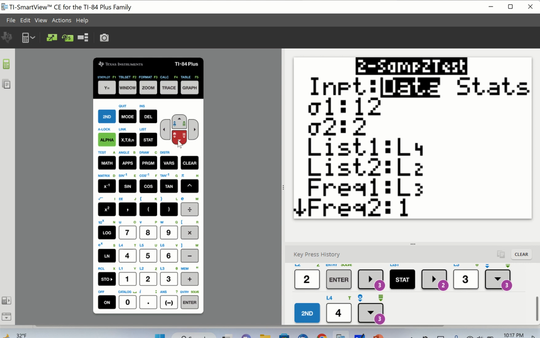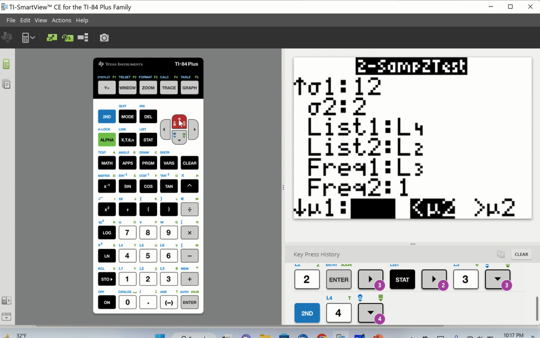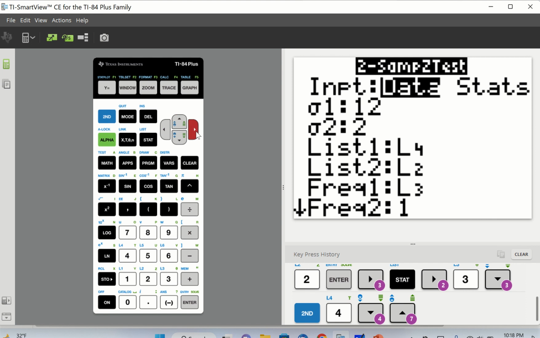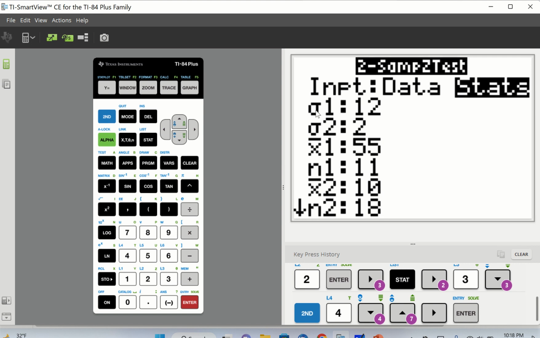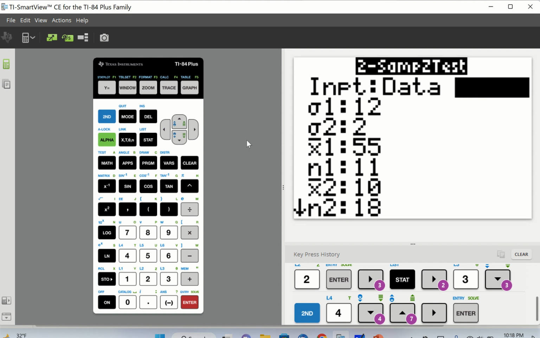And what if the stats are given? We'll go up again, and this time select Stats, hit enter, and then you have different information to enter. You would enter population 1 standard deviation, population 2 standard deviation, sample mean 1, sample size 1, sample mean 2, and then sample size 2.